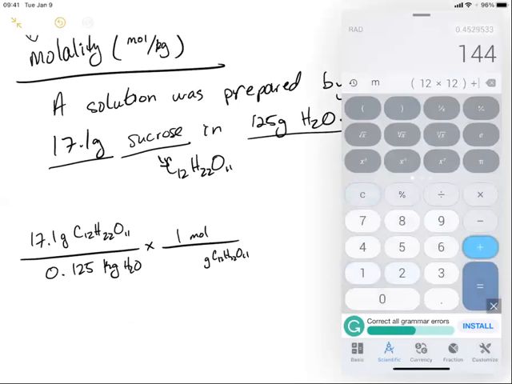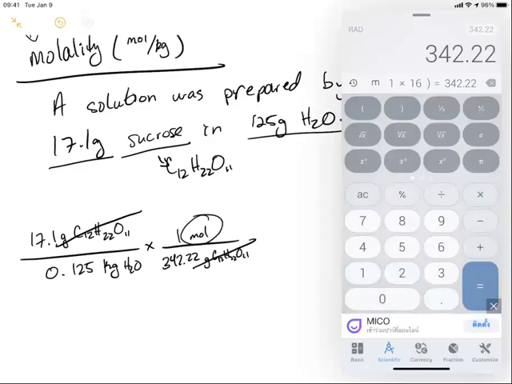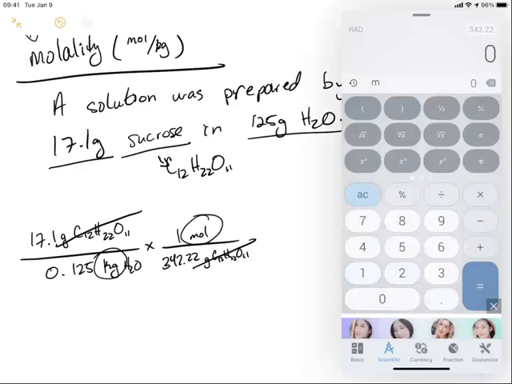And I add that to 22 hydrogens, which is 1.01 times 22. I'm going to add that to 11 oxygen, and each one is a mass of 16. So I get 342.22. You see that the grams cut, and what I'm left with is moles per kilogram, which is molality.